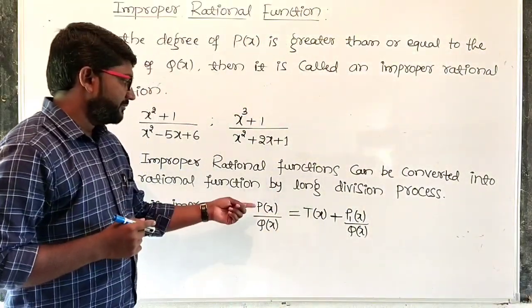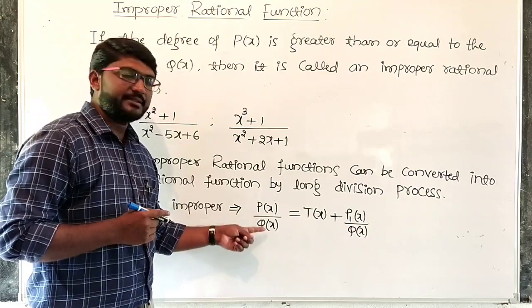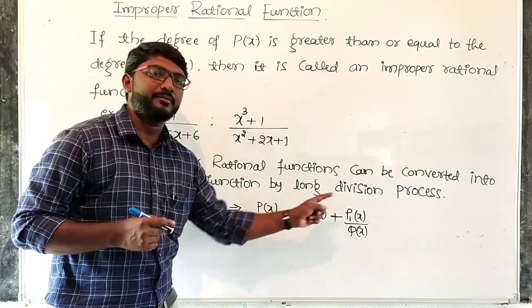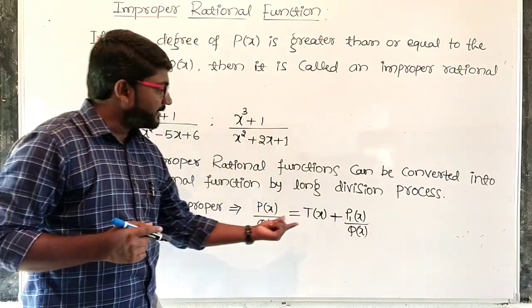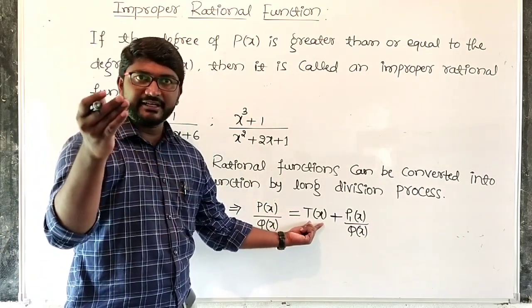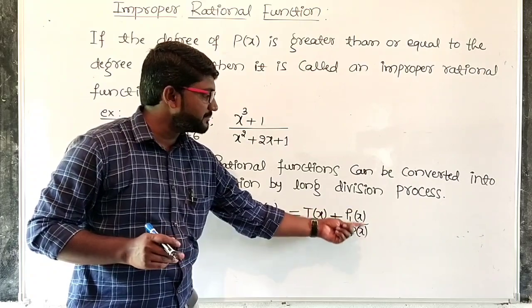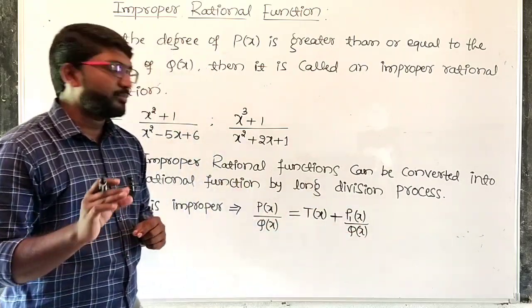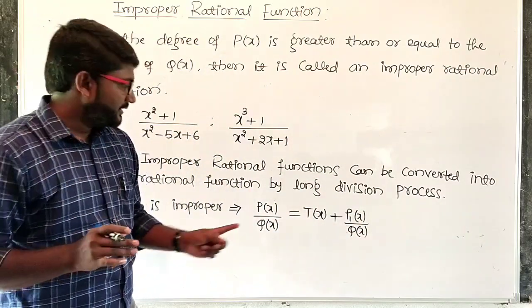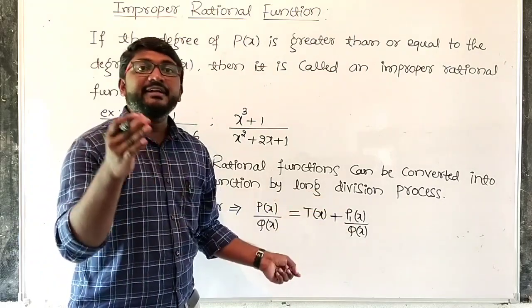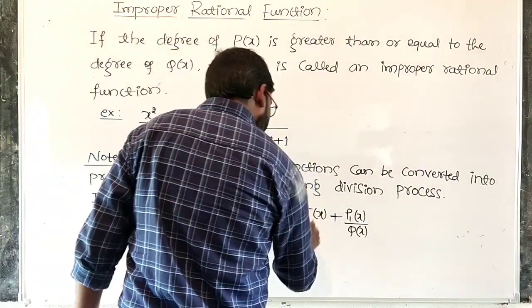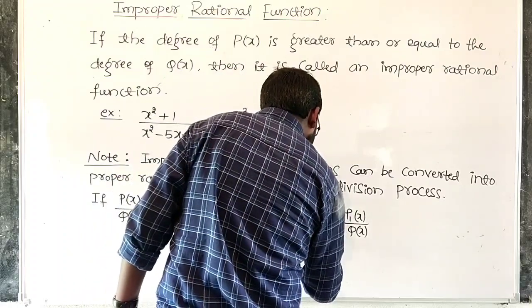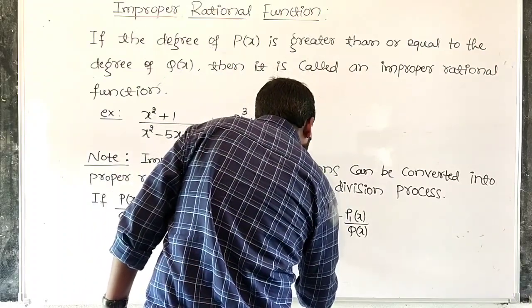So here we have written this improper rational function in this particular form, T of x plus P1 of x by Q of x. Here T of x is a polynomial in x, whereas P1 of x by Q of x is a proper rational function. This you will understand once we take up exercise problems. So here T of x is a polynomial in x.